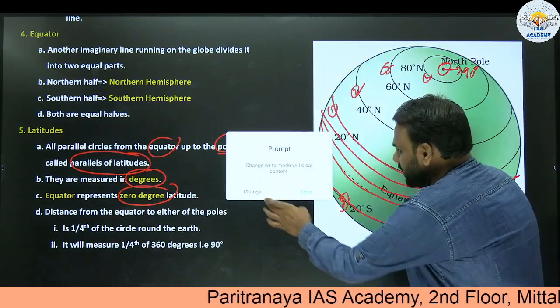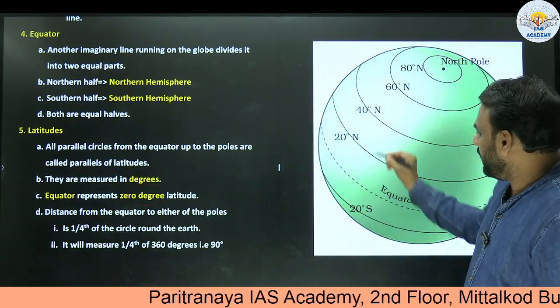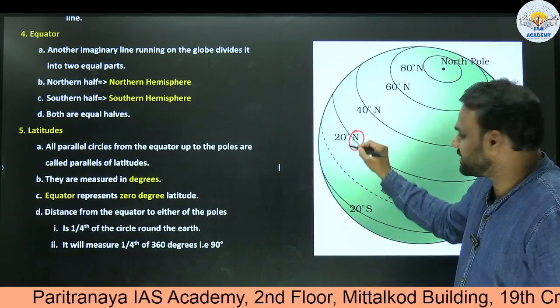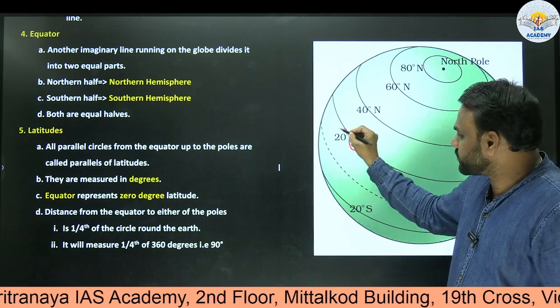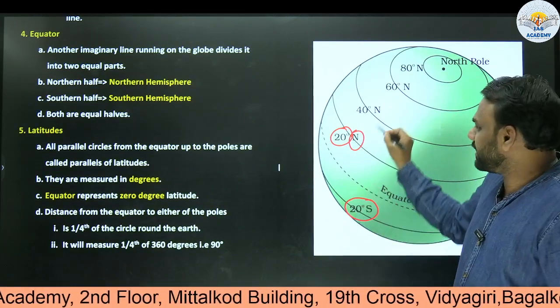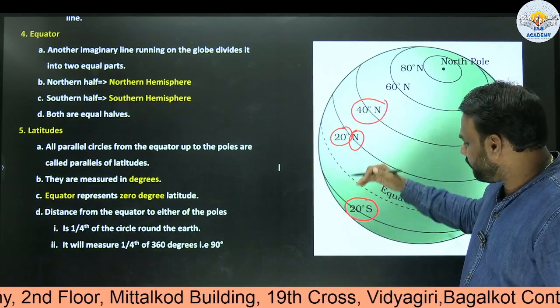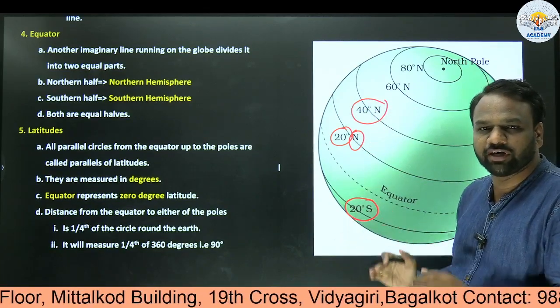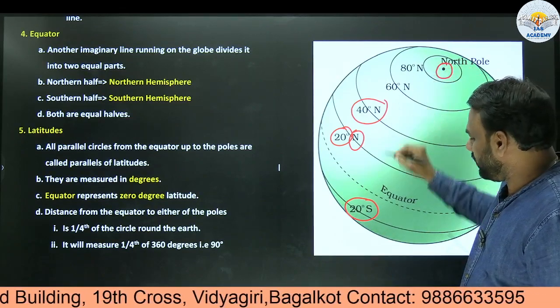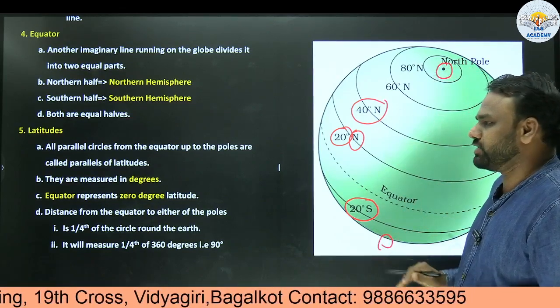We use the symbol N. This indicates north. So this is 20 degree north and this is 20 degree south. Similarly, here we have 40 degree north, and if we move towards the south, 40 degree south. So 90 degree north is the north pole, 90 degree south is the south pole.